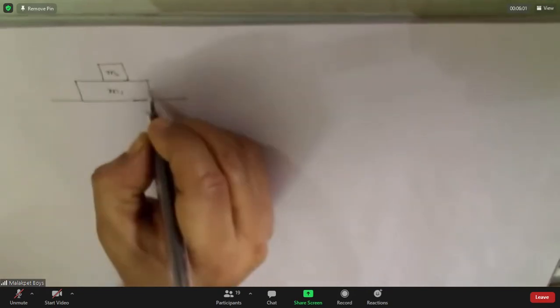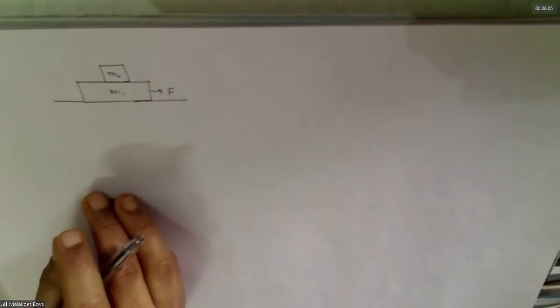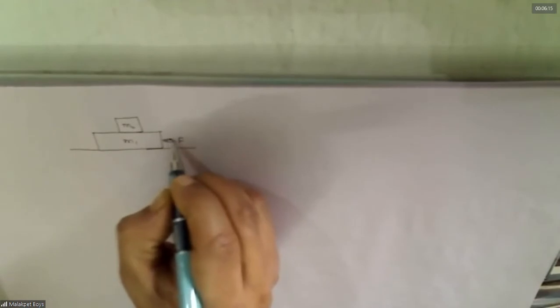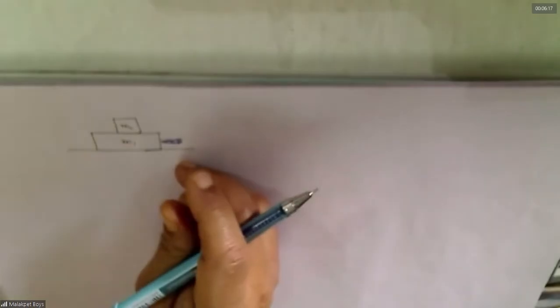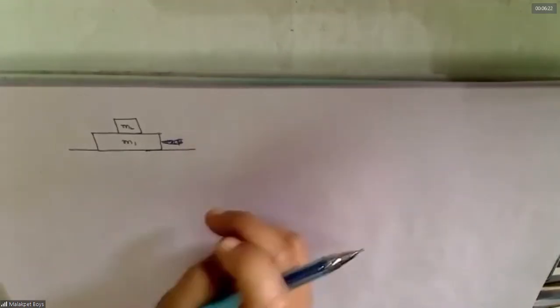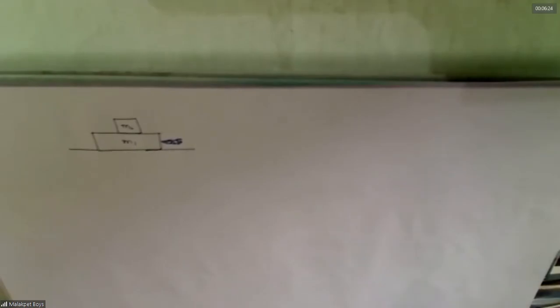I have applied a force here. Did I complete this? Yes, sir. Completed. The last problem is M1 and M2, sir. This problem is the last one, sir. This is the last problem now. Yes, sir.